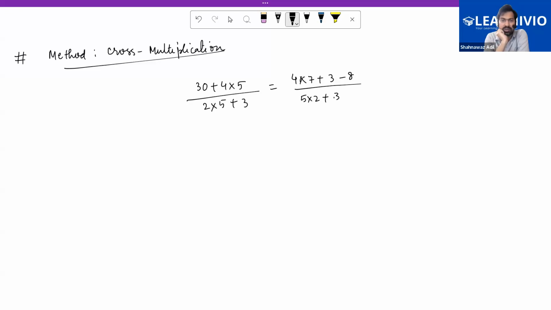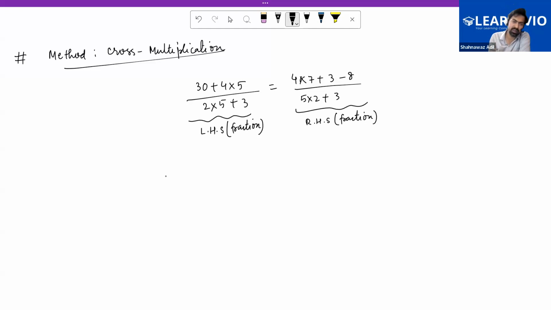So we have a left hand side, which is a fractional number, and a right hand side, which is also a fraction.